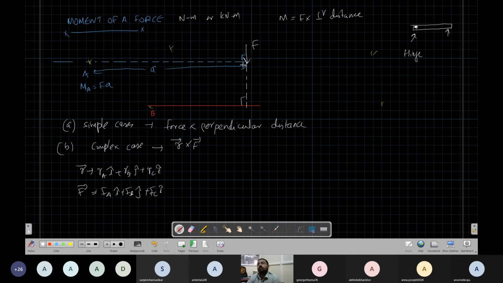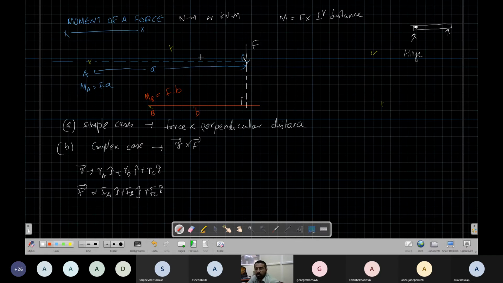So this will be perpendicular, right? So that distance will be b. So the moment due to the force at B is F times b. This is how you simply define a moment.